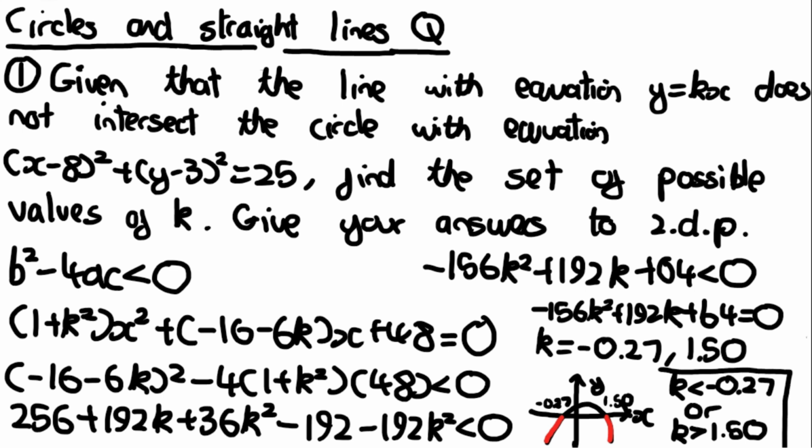The set of possible values of k is when k is less than -0.27 or k is bigger than 1.50.